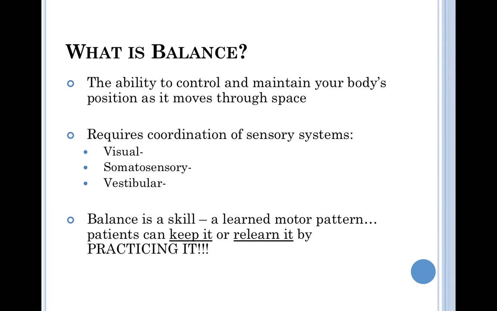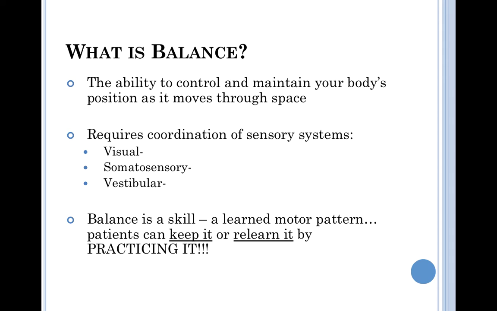Okay, your visual system gives you input on the position and orientation of your head along with the direction and speed of your head movements. Your somatosensory system provides input on how the body moves relative to the support surface. So receptors such as your Golgi tendons, your muscle spindles, your joint receptors, and skin mechanoreceptors are all part of this system.